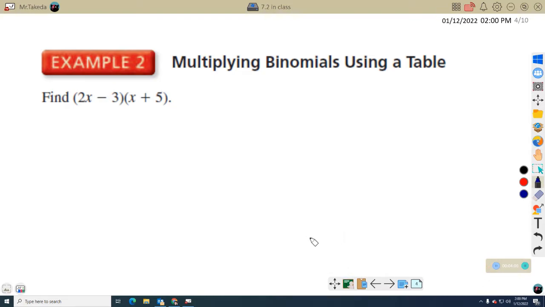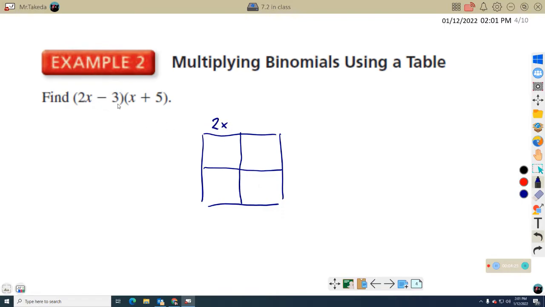We have a table method for multiplying binomials, and to me, this is a little too much work for something that's kind of simple, but if you need to do something like this, you can. We have a 4x4 grid because up here, I'm going to write each of the terms of the first binomial, 2x and negative 3.